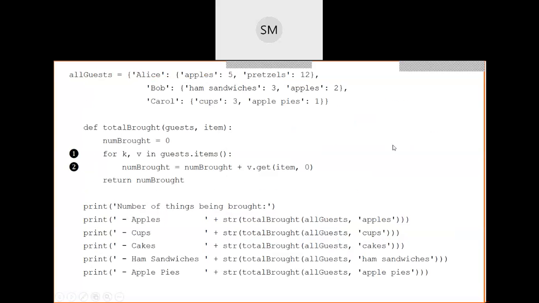First of all, we would like to use one variable, that is allGuests, to which we are assigning one data structure, one dictionary. And this is not an ordinary dictionary. This is a nested dictionary. Keep it in your mind, because if you observe this dictionary carefully, there are multiple open braces and closed braces inside it.